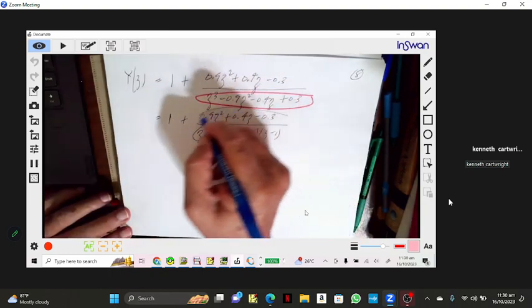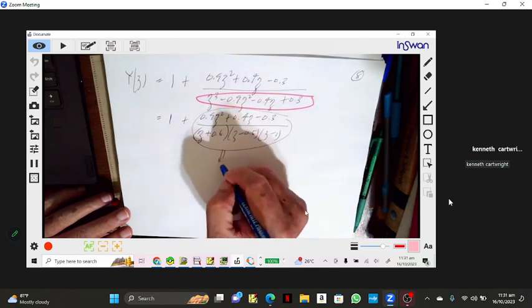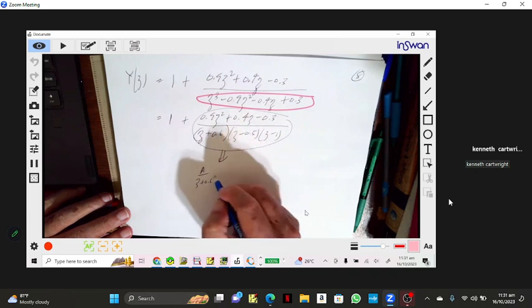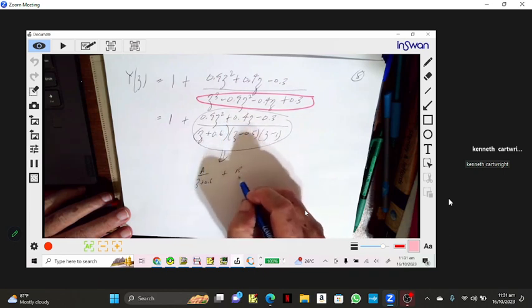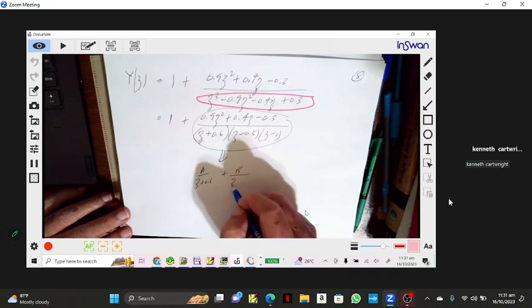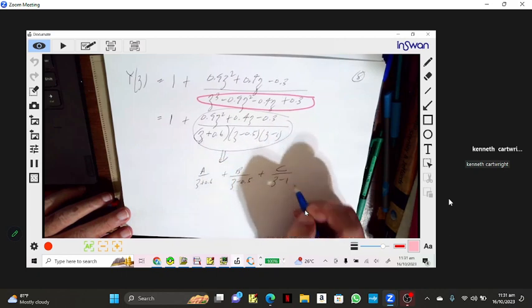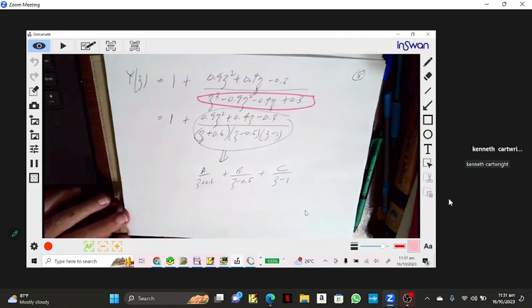And then that part becomes A over z plus 0.6 plus B over z minus 0.5 plus C over z minus 1. And you find A, B, and C in a normal fashion.